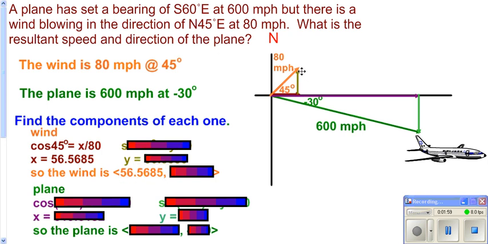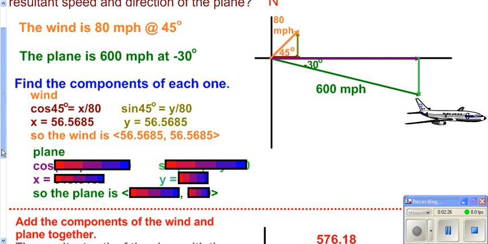Now, if we're looking for this part right here, the vertical, that's like your y going up and down. Well, that's an opposite of your angle and your hypotenuse, so that's a sine. So sine of your angle equals opposite over hypotenuse. So then we get 56 something, which we would then put here. Well, it would make sense that both of these are the same because it's a 45, 45, 90 right triangle.